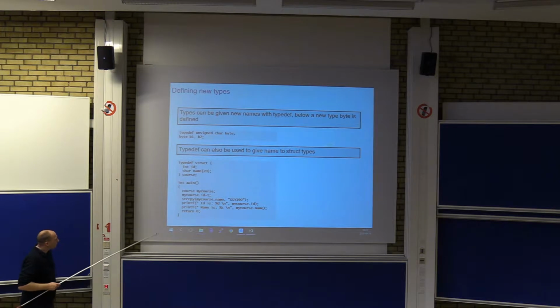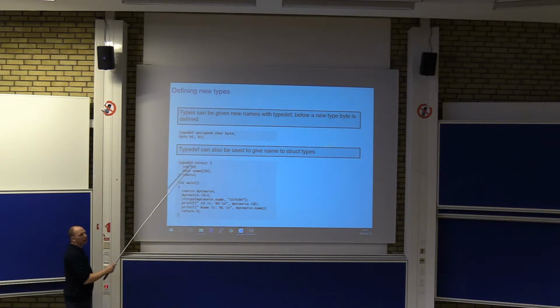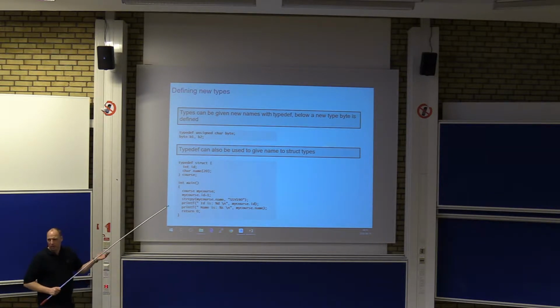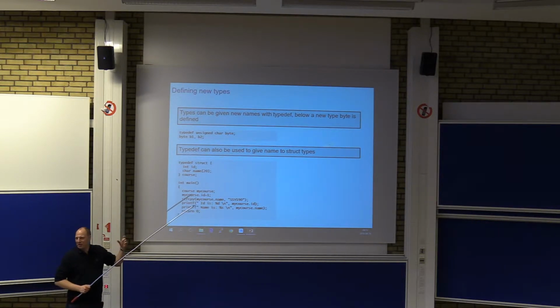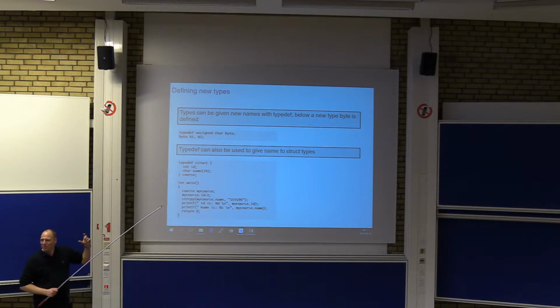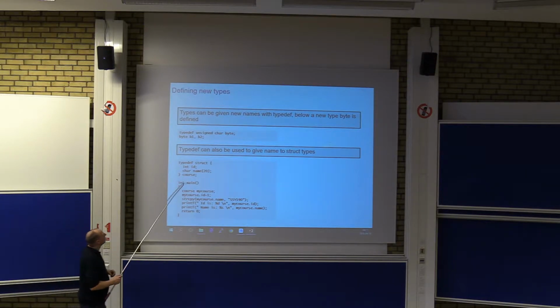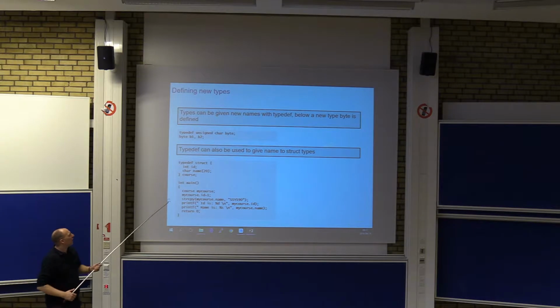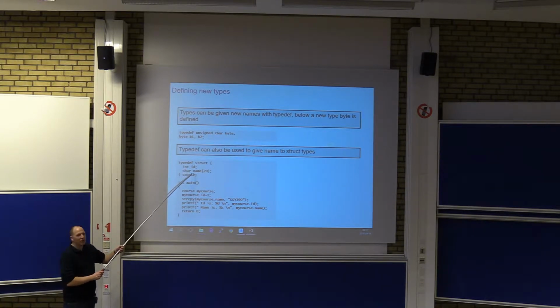Something that you see very often is that you do typedef of structs. Remember from last time we talked about structs. A struct is like a record, or sort of the attributes in a class, if you have programmed in Java, for example. In this case, I defined a struct with a course ID, which is an integer, and a course name.